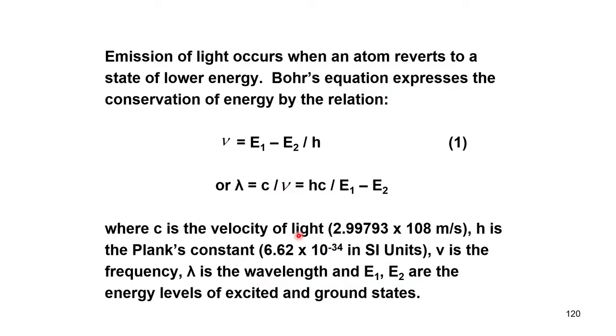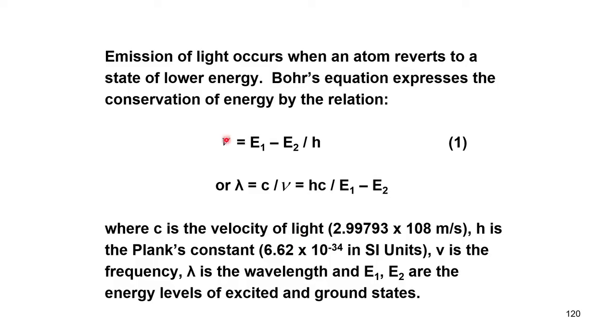So, what happens here? Emission of light occurs when an atom reverts to a state of lower energy. If an atom is at a higher energy level, it falls down, it has to lose its energy, and that is emission.